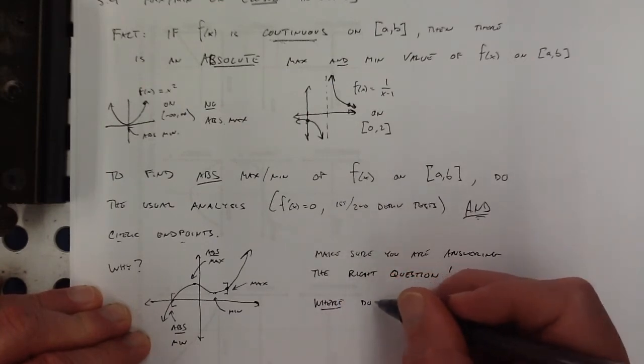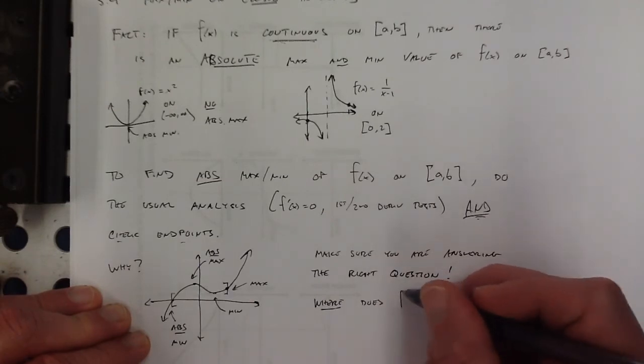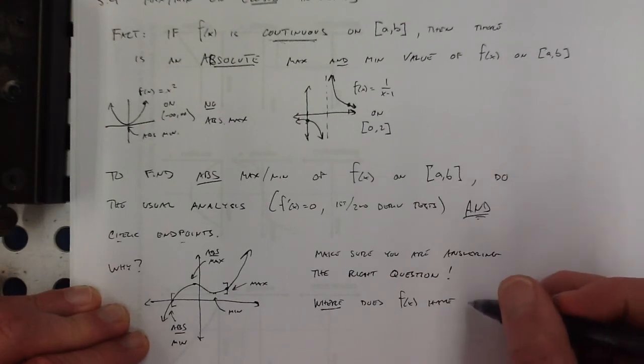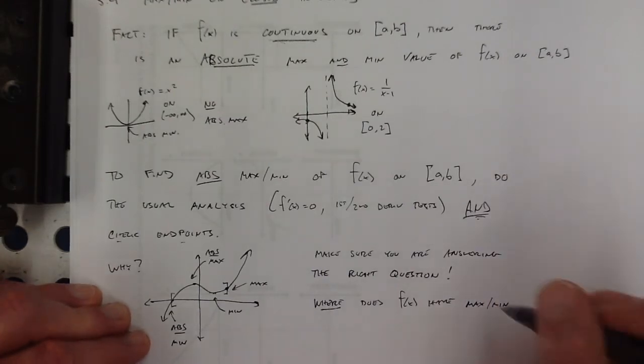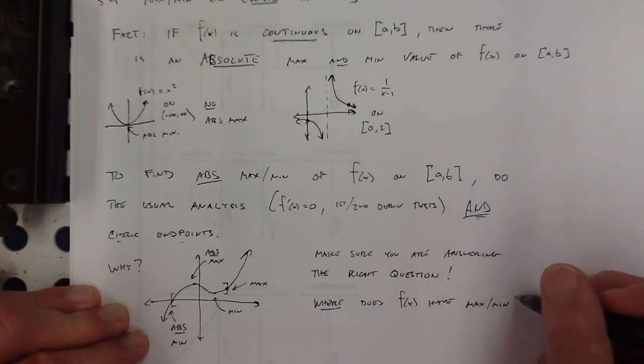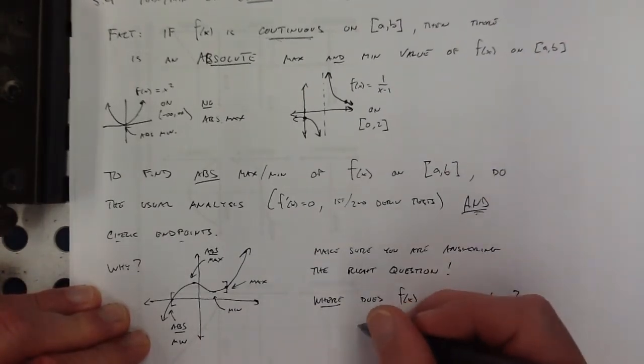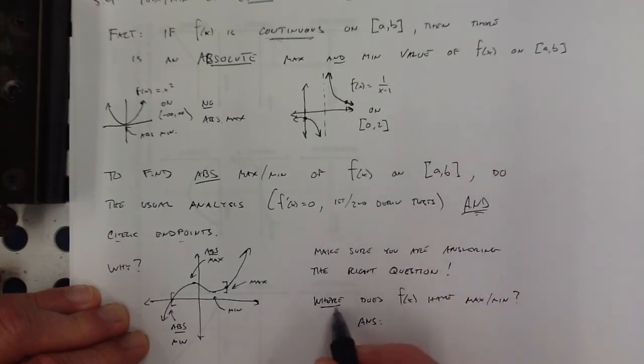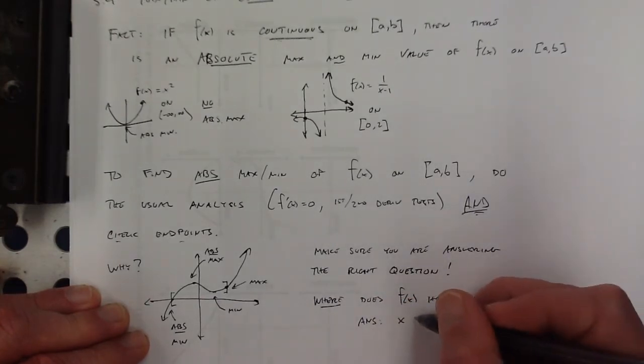Where does f of x have a max or minimum? Probably absolute in the context of this section. The answer to the question where is an x value.